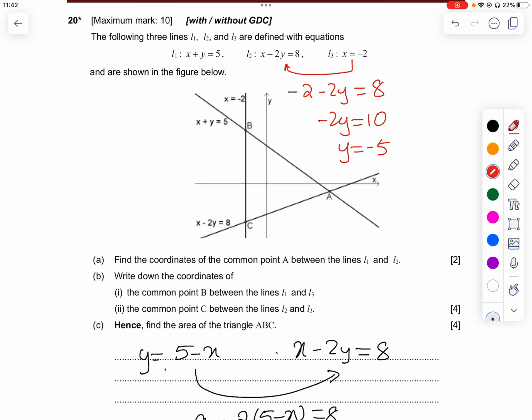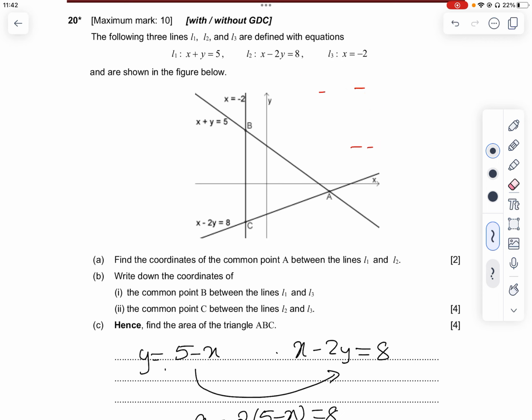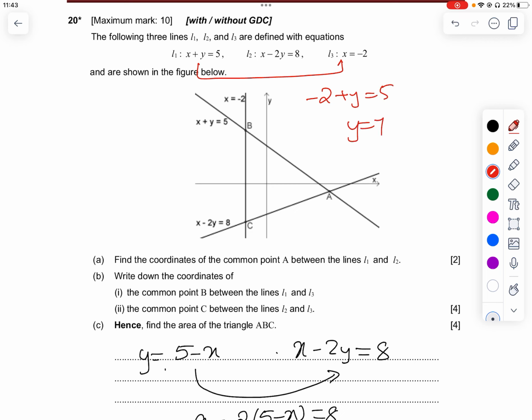Once again, this one was L1 and L3; I did L2 and L3. So for L1 and L3, plug in negative 2. So y equals 7. So what is that point? (Negative 2, 7). Next one is L2 and L3.